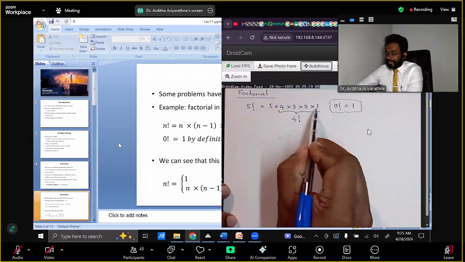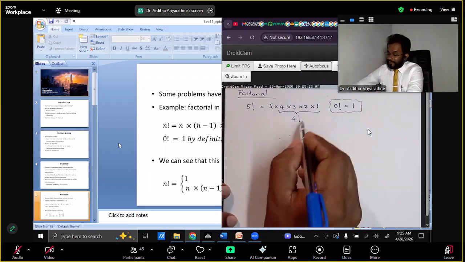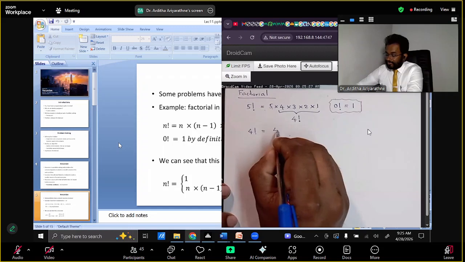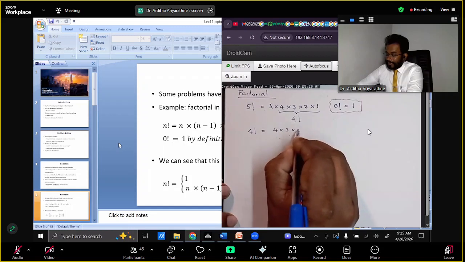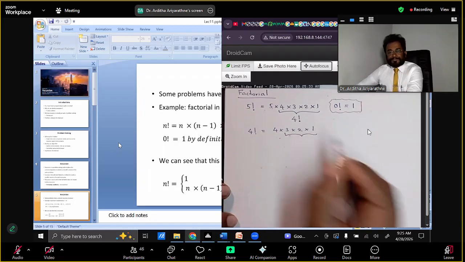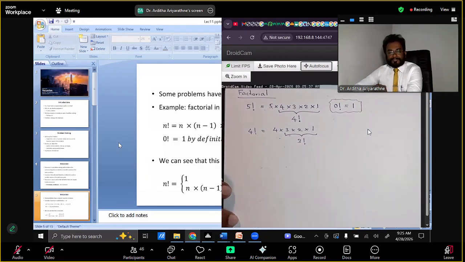Then if we write factorial 4 like this, 4 multiplied by 3 multiplied by 2 multiplied by 1, what is this part? This is factorial 3. Now you can see there is a recursive pattern.